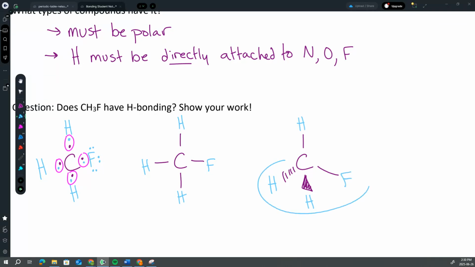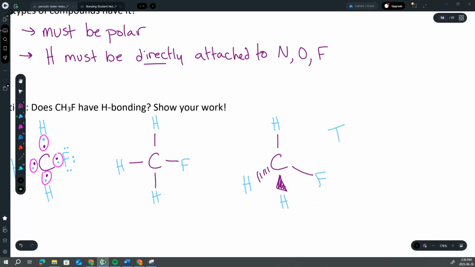Okay, and notice how these 3, they all kind of point down, whereas this one points up. That's another key point about the tetrahedral shape. Now, this is kind of above and beyond what the question is asking, but it's good review.